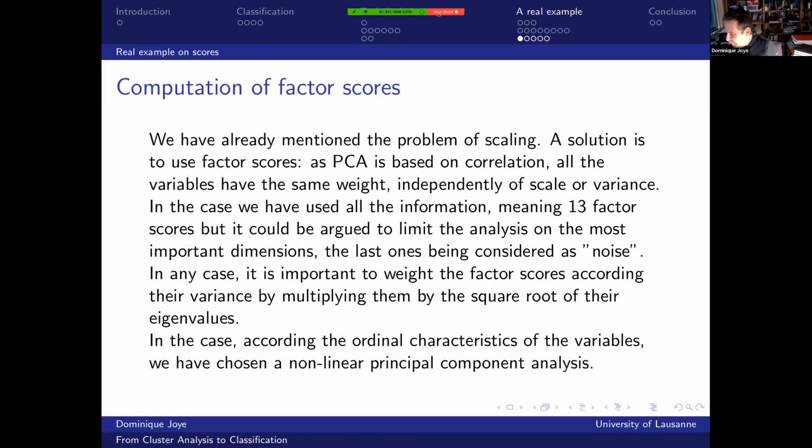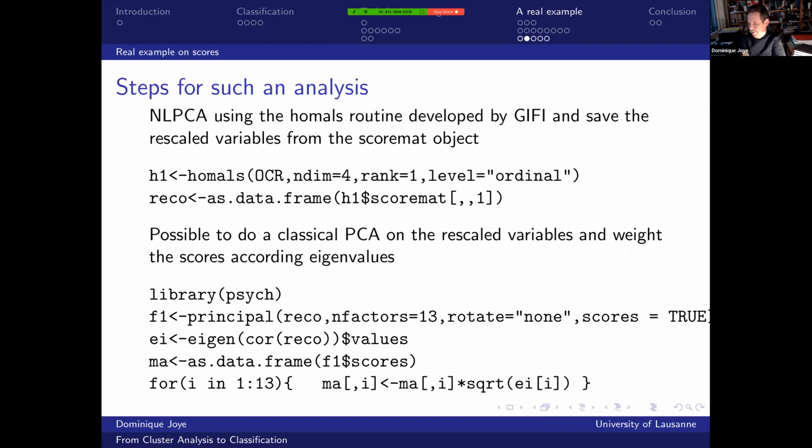Now, you can add one more point. You can say, oh, my variables are ordinal variables. So is it good to compute the normal Pearson correlation coefficient when you have ordinal variables?